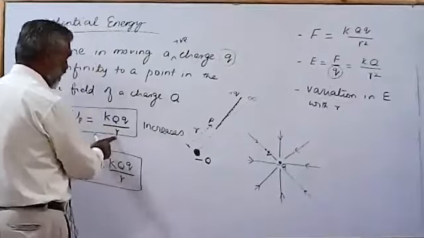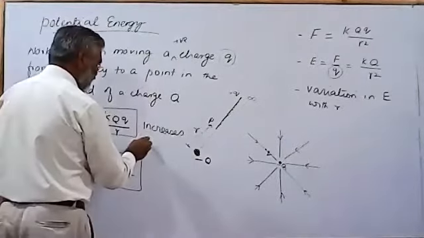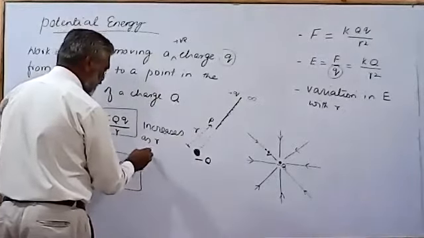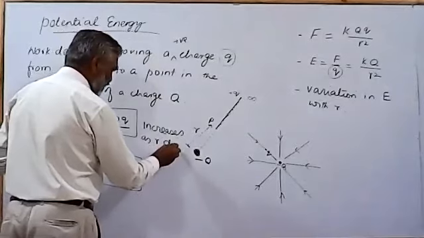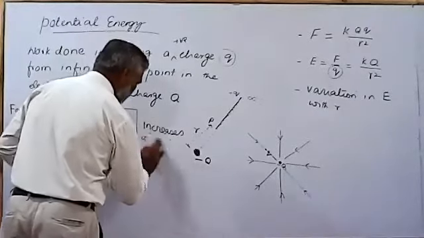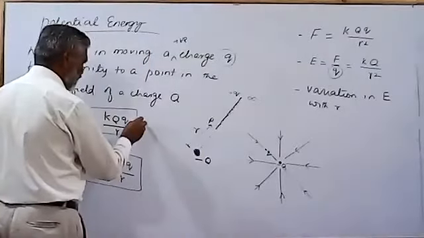with decrease in R. That means if you bring it closer, it increases as R decreases. In the first case, as R decreases. Let me write it in terms of symbols.